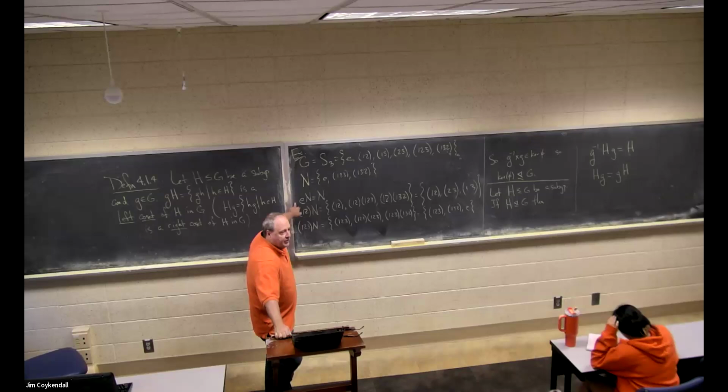There are 3 elements in each coset. What's the overlap? It's empty. There's nothing in common. In fact, these 2 left cosets partition G. Everything in G is in one and only one of those 2 left cosets. Let's look at the right cosets.